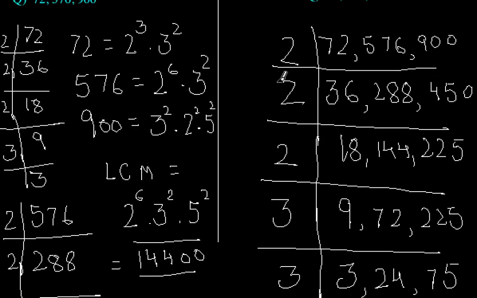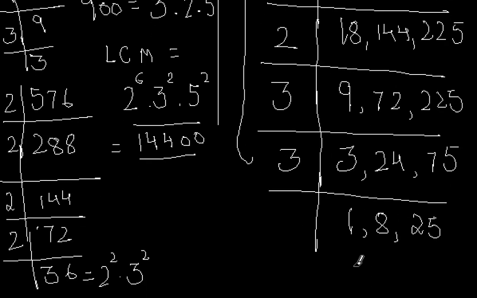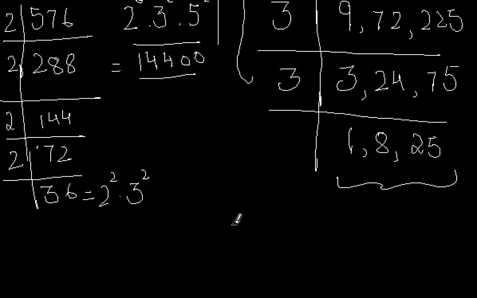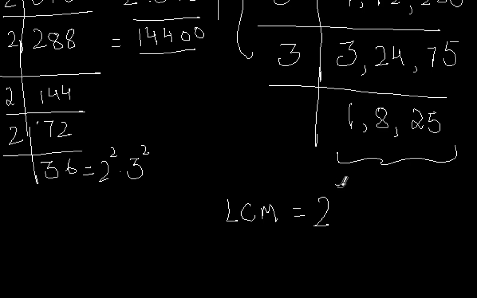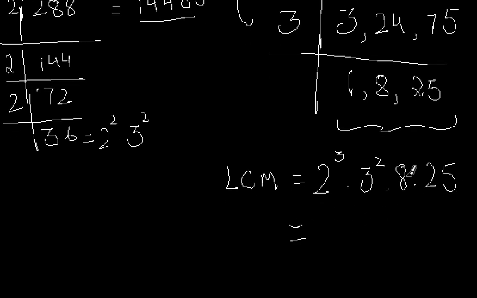So the LCM would be nothing but we multiply these numbers and the remaining ones. So LCM here would be, so we have 2 raised to power 3 here and 3 square. So 2 raised to power 3 into 3 square into 8 into 25. Now 8 is 2 raised to power 3.